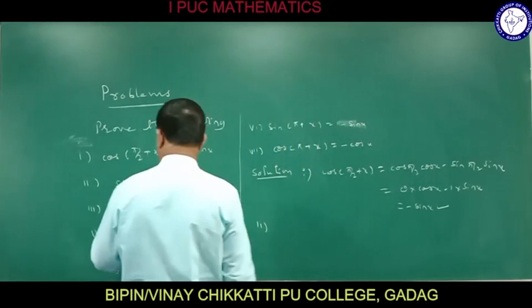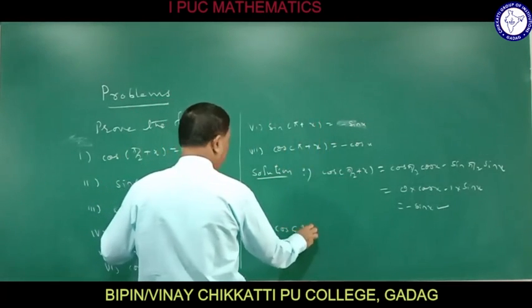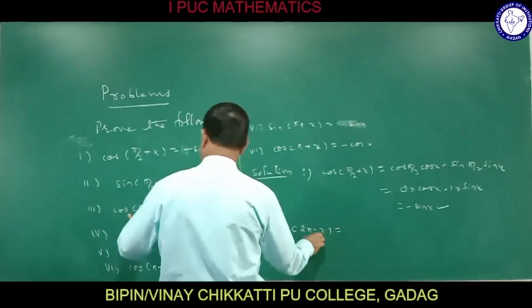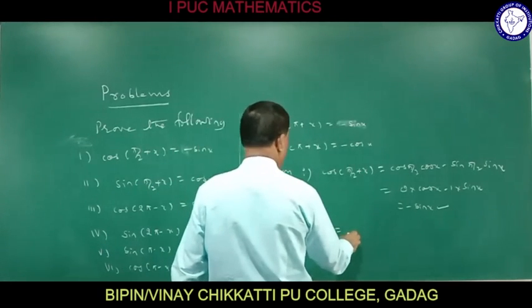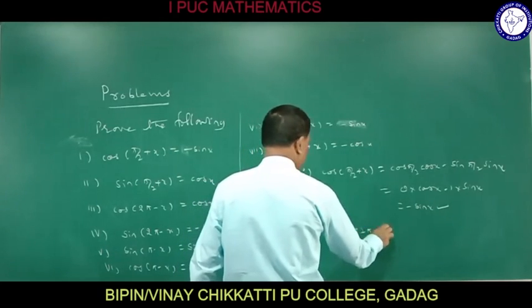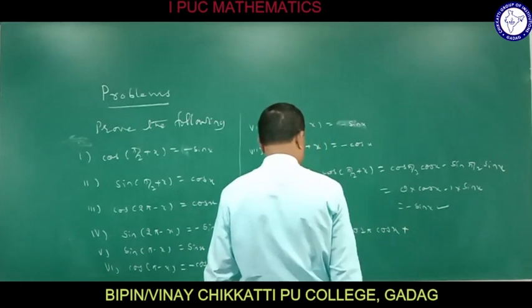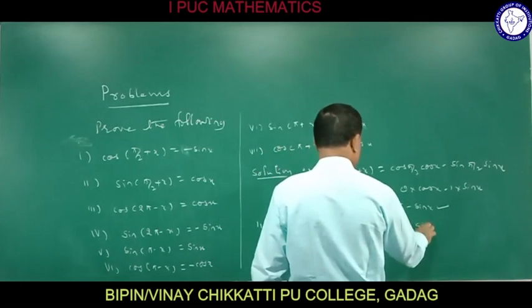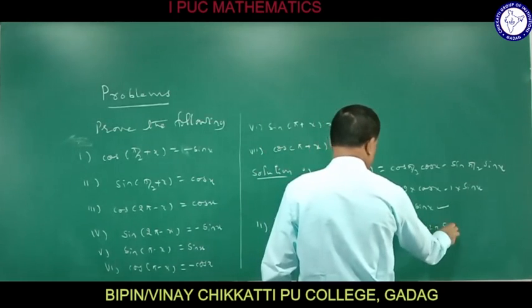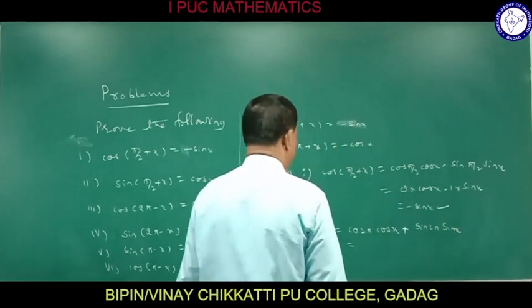Similarly, you can go for the third one, which I am taking just for reference, cos of 2 pi minus x. Minus is there, and here you have cos 2 pi cos x, then you have to write plus sin 2 pi sin x. So cos 2 pi, you have to understand, how much is it?